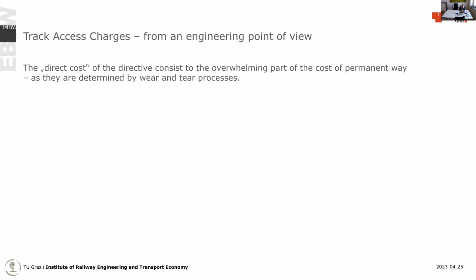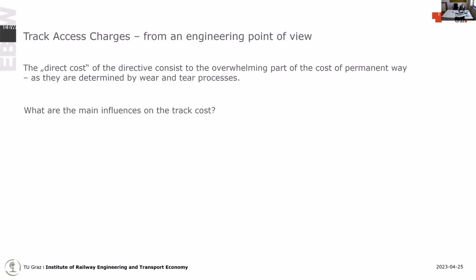As I mentioned already, the direct cost on the directive parts consists to the overwhelming part of the cost of the permanent way, so the track, and they are determined by the wear and tear processes in track. So what are the main influences on the track costs?